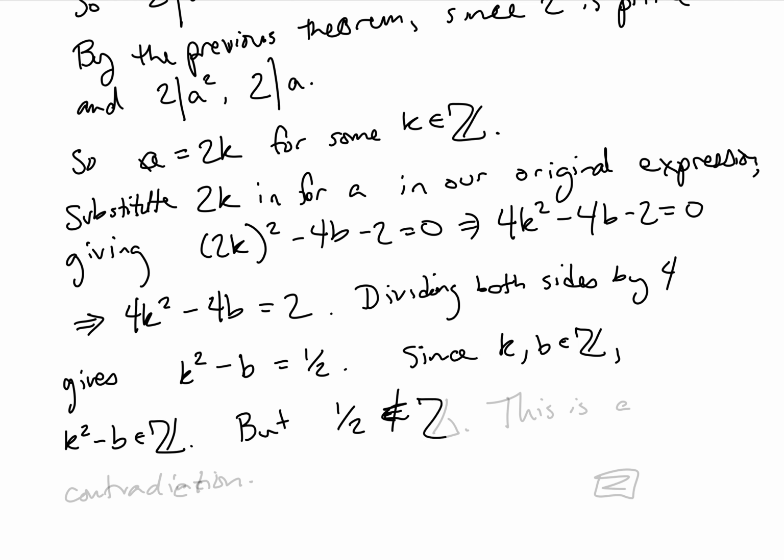So 1/2 is not in the integers. This is a contradiction. So we proved that the negation of the original statement could not be true, and therefore the original statement is true.